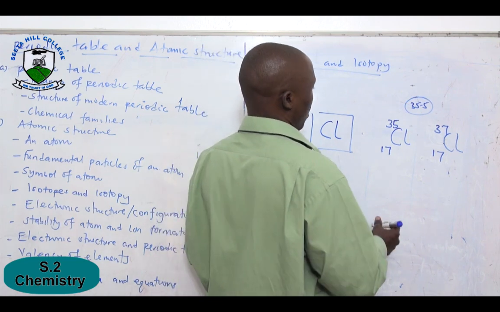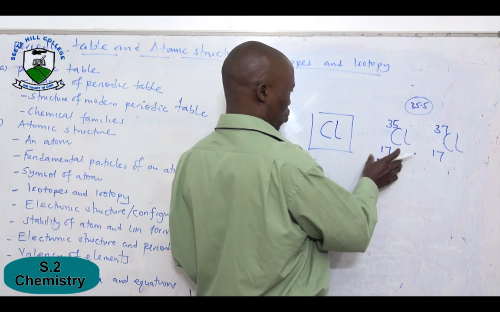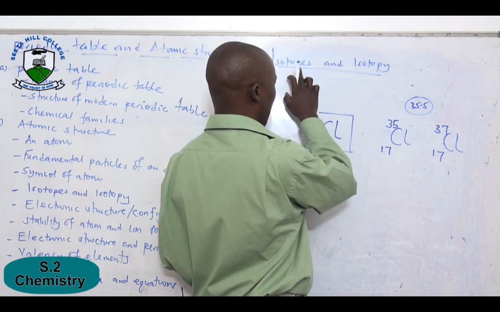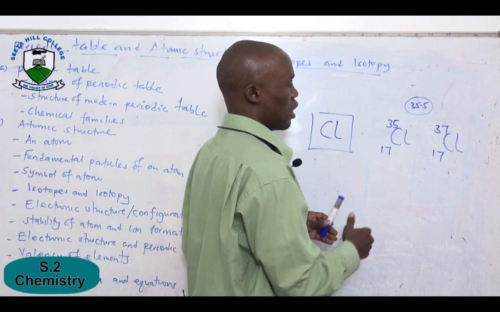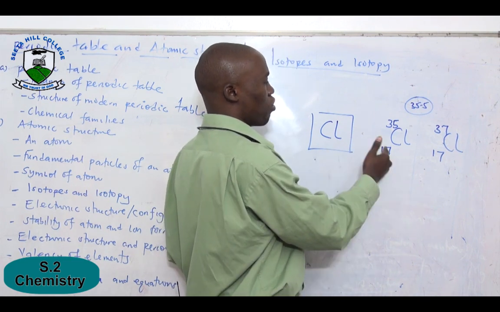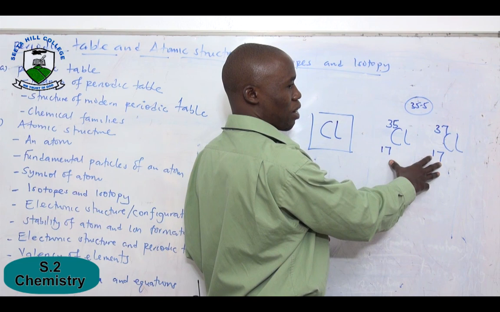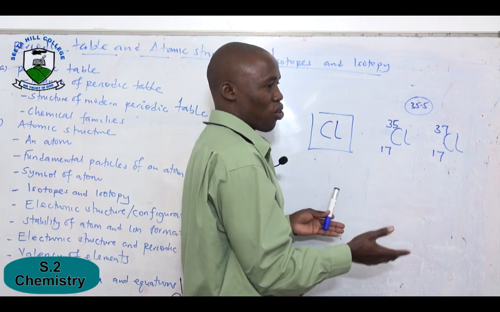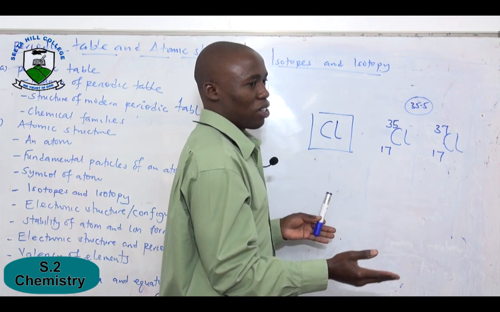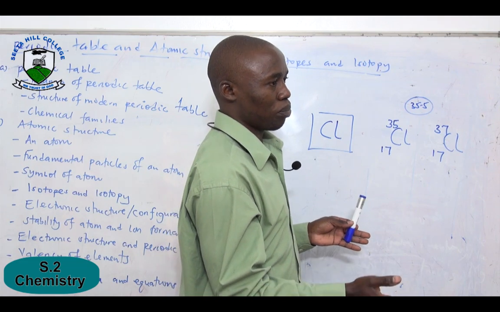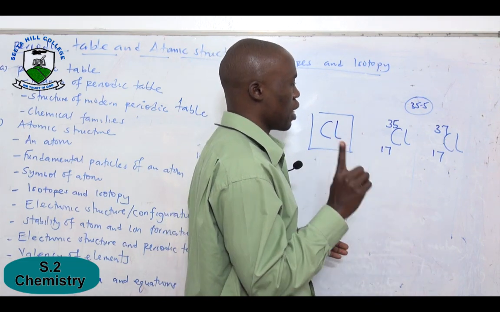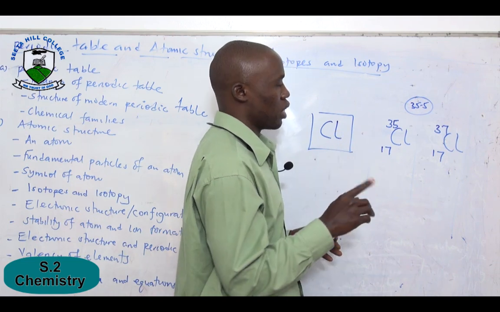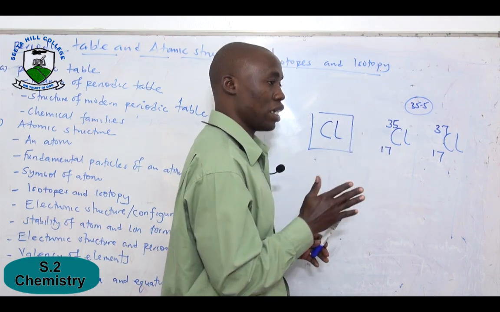Now, let us narrow to this one to explain what we mean by isotopes and isotopy. We've said an element can have two representatives, but we can say that both are chlorine. Why should we say both are chlorine? Because they have the same atomic number, which is the major identity of the element, despite a change in the mass.